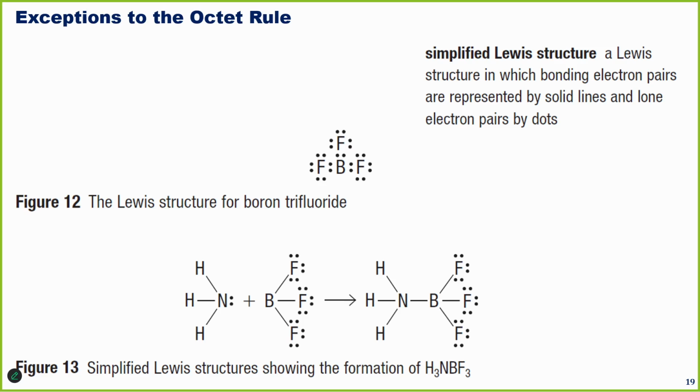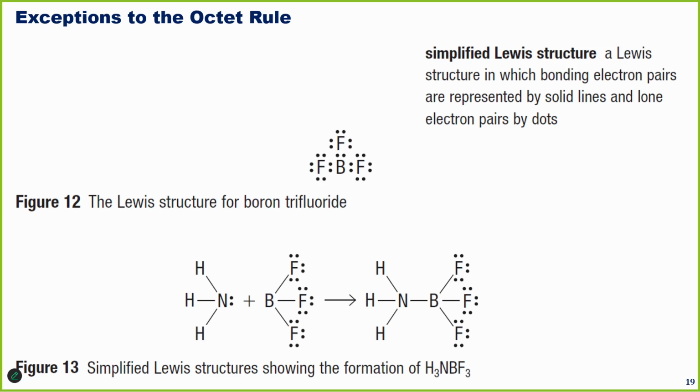Therefore, boron trifluoride has a total of 24 valence electrons. In this structure, each fluorine atom has 3 lone pairs of electrons, which total to 18 electrons. The remaining 6 electrons surround the boron atom, causing it to be electron deficient.